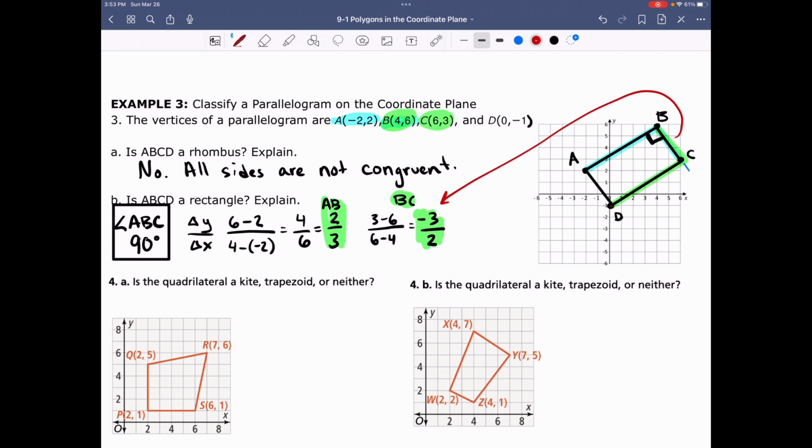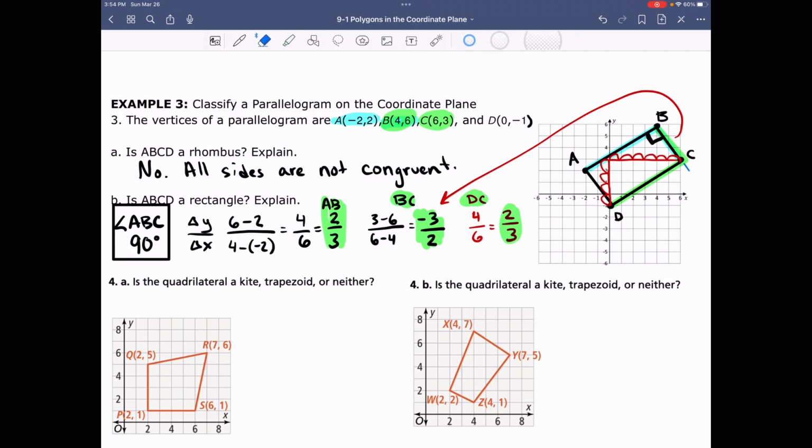So I'm going up 1, 2, 3. And I'm going over 1, 2, 3, 4. Oh, I didn't go up far enough. To get from C to D, go up 1, 2, 3, 4 over 1, 2, 3, 4, 5, 6. So for D to C, I went up 4 over 6, which reduces to 2/3, which is the negative reciprocal to BC.